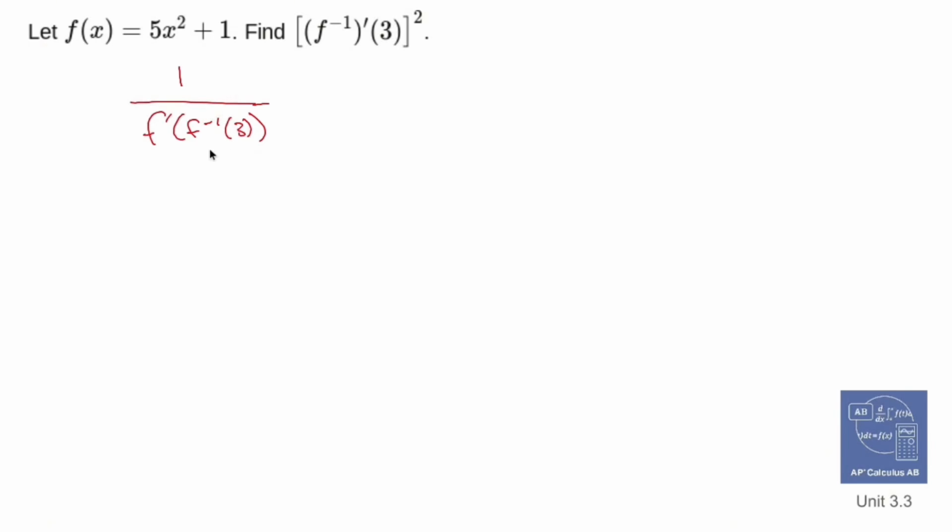What I need, though, is to find what the f inverse of 3 is, and I need to do that by taking the inverse of that guy right there. So I'm going to do the old y equals thing like that. Okay, I'm going to do the old switcheroo, so I'm going to swap these. So I'm going to do x equals 5y squared plus 1.